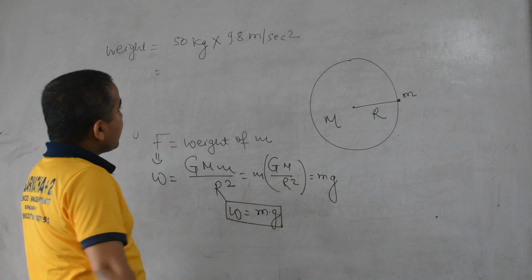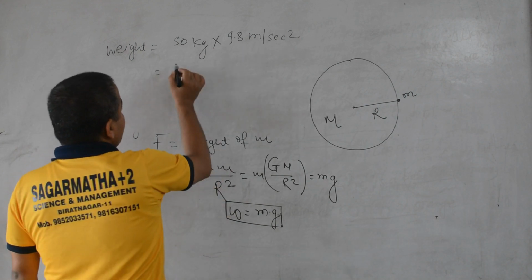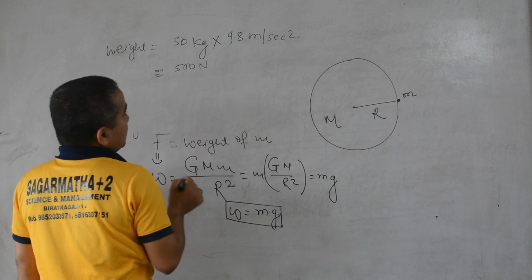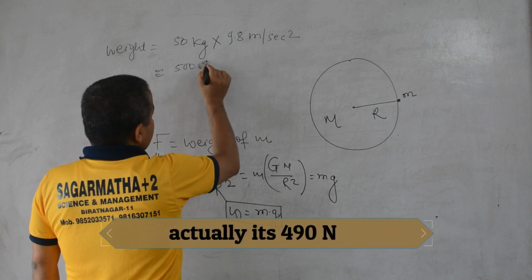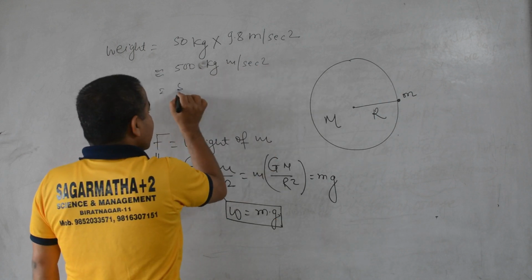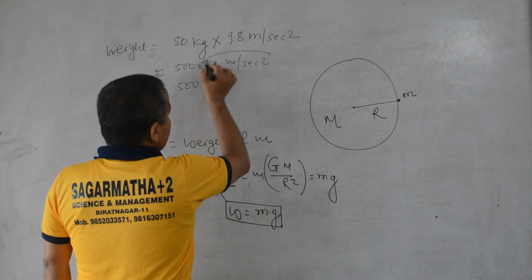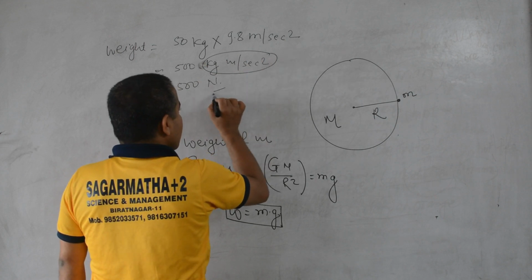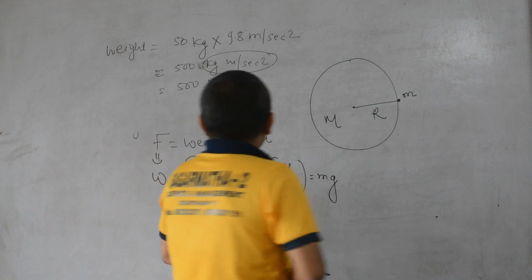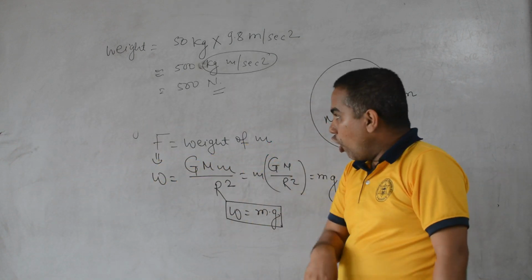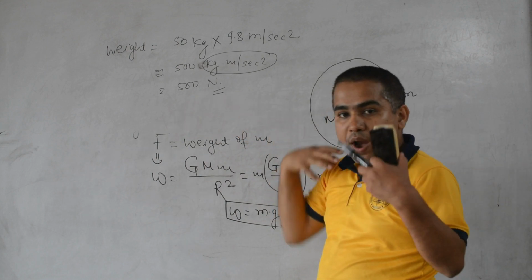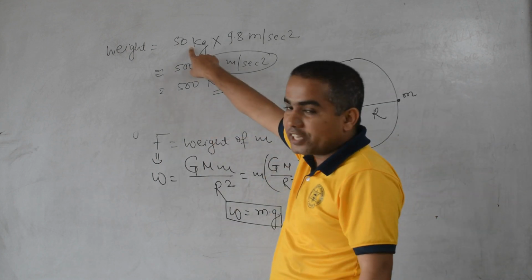So 50 into 9.8 is approximately 500. The unit is kg meter per second square, which is Newton. So my weight is 500 Newton. You can see I am attracted by the earth with a force of approximately 500 Newton. That is my weight, if my mass is 50 kg.